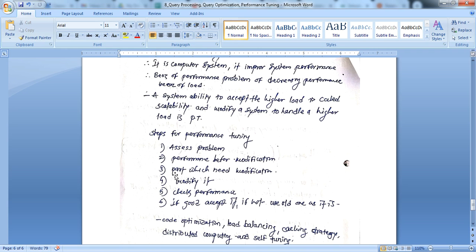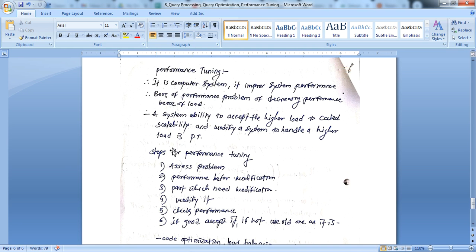Now we check which modification is required. Third, the part which needs to be modified, we modify it. Then again we check the performance. If the output is good, then we accept it. If not, then we use the old one as it is. This is simply performance tuning.